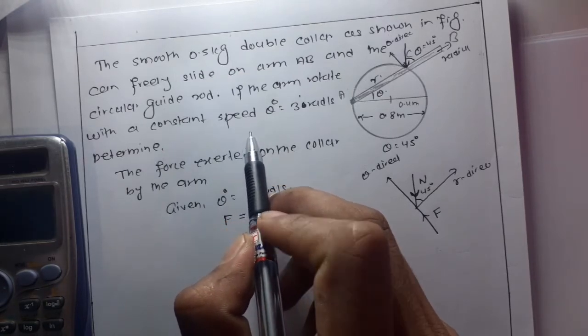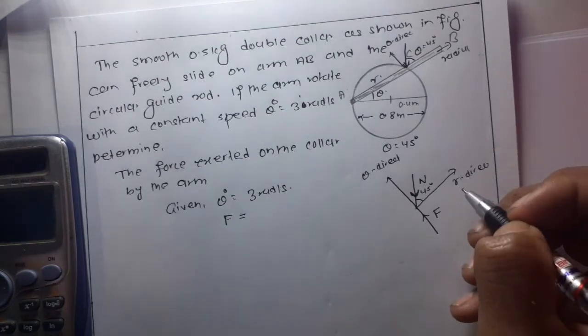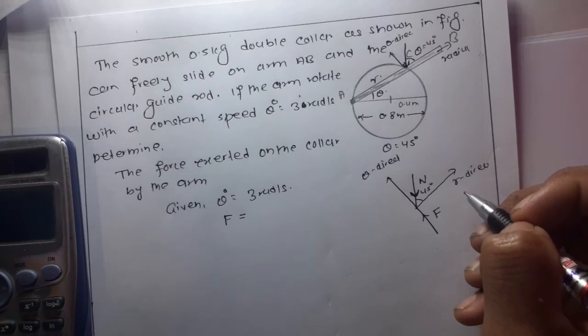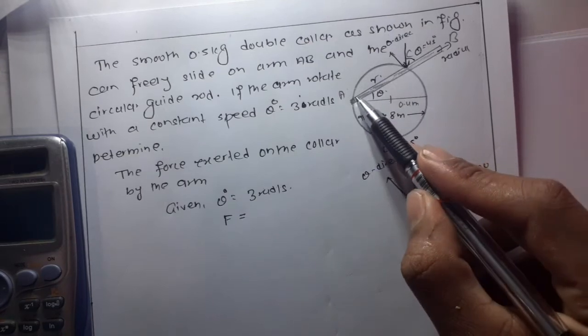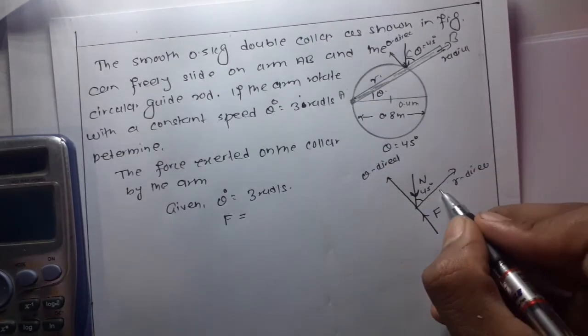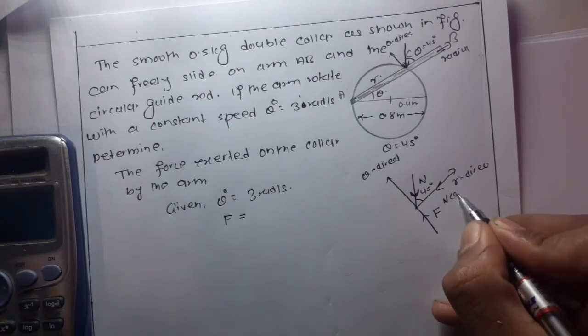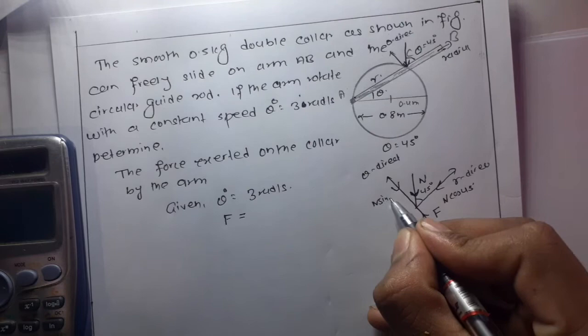That means there is a maximum force, and for the maximum force, the force acts perpendicular, so force F acts perpendicular to this arm AB. Now this is N cos 45 degrees, and this is N sin 45 degrees.